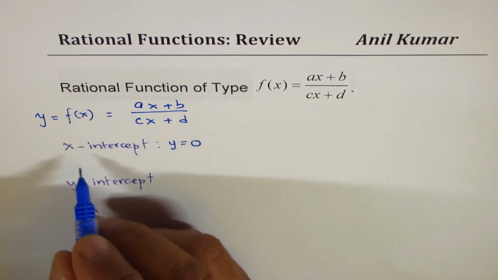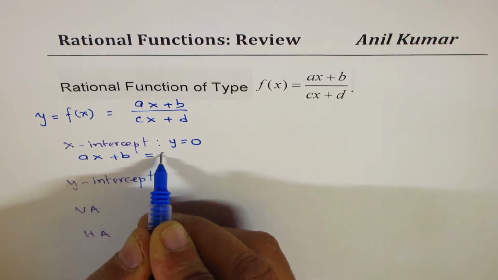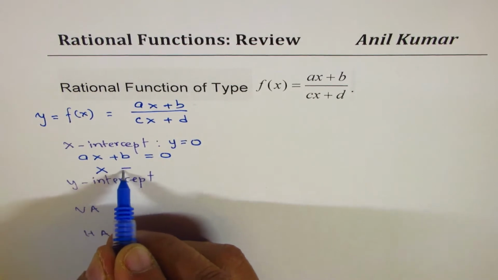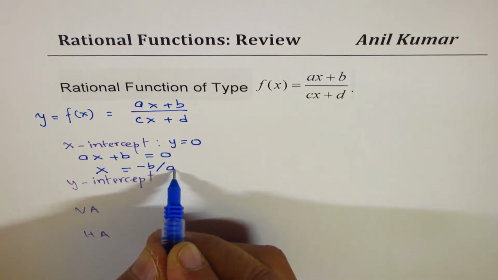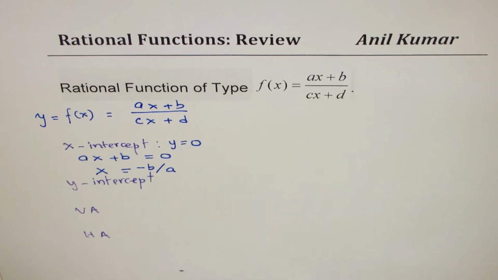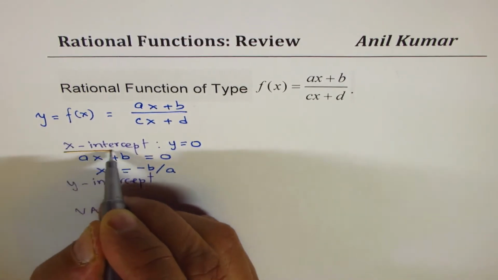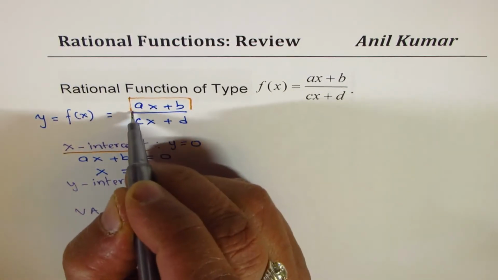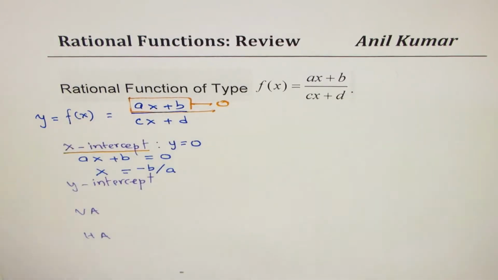So what we're looking for is to make ax plus b equals 0. Solving for x, the value which will make it 0 is x equals minus b by a. Does that make sense? So for x-intercept, we equate the numerator to 0.